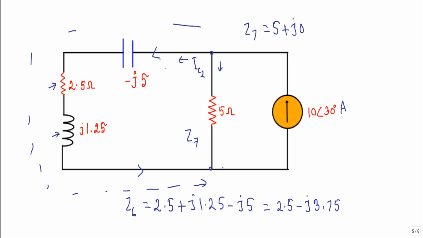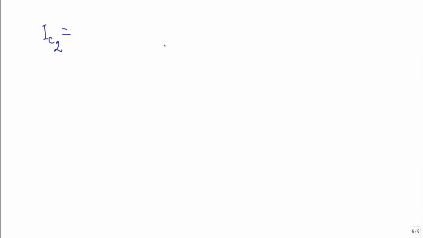Now I have to calculate IC2, as I have to calculate the current through this branch. I will use the special current divider rule. While calculating IC2 through this branch, I will take the impedance of the opposite branch Z7 divided by Z6 plus Z7, multiplied by the current. Here the current is 10 phase angle 30 degree.